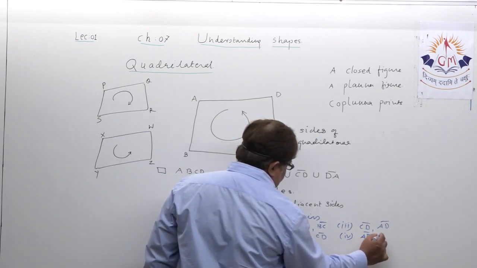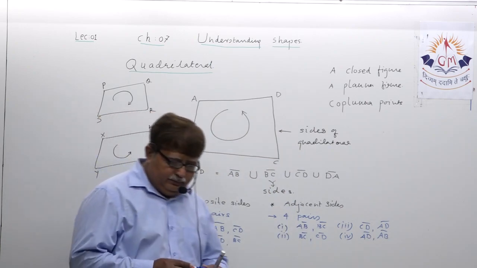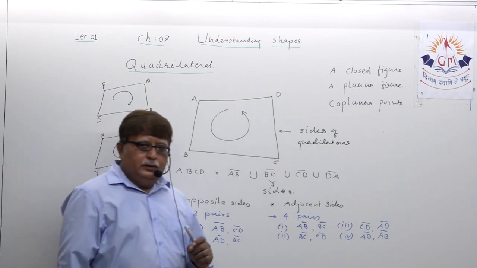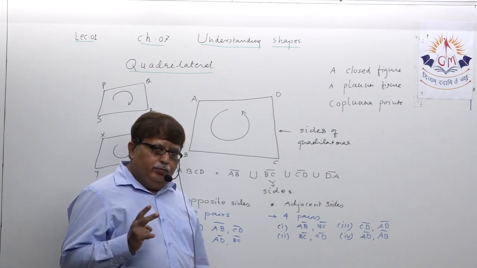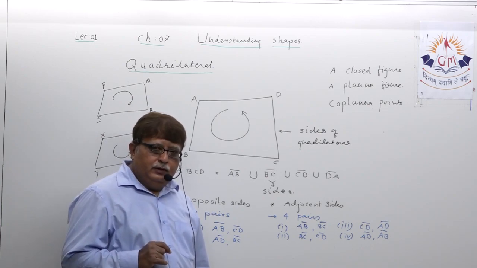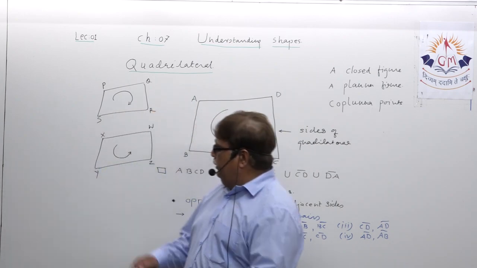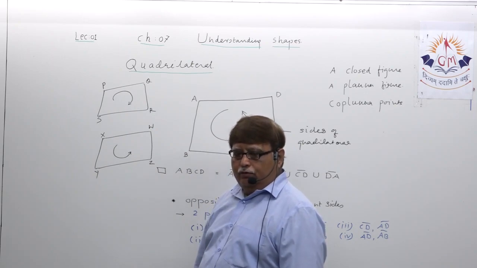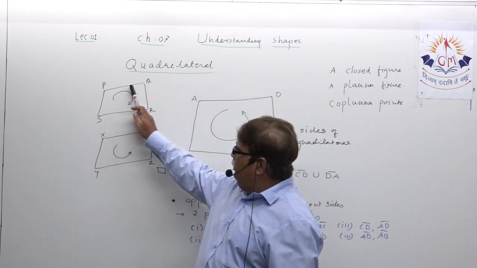You understood this, student? So a quadrilateral has four pairs of adjacent sides, that you should understand. Two pairs of opposite sides, four pairs of adjacent sides. Suppose I ask you from this quadrilateral, can you speak the four pairs of adjacent sides?